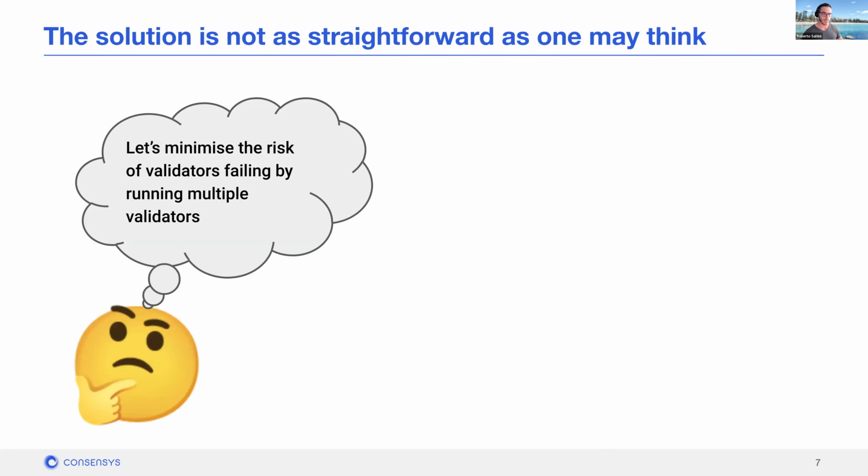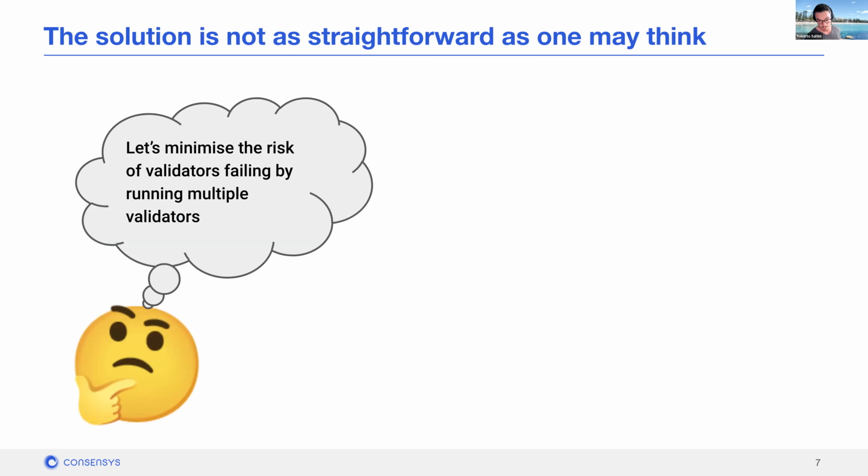Now, one might think of a simple solution, which is, let's run multiple validators so that we have redundancy. Okay, we still don't solve perhaps the problem of the validator key being stolen, but at least we have the redundancy.